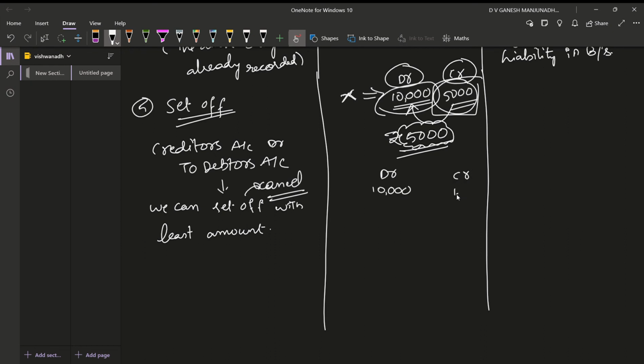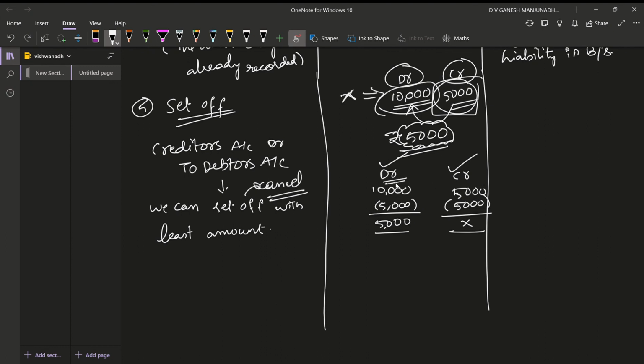That means with this notation, if X is a debtor for 10,000 rupees and a creditor for 5,000 rupees, this 5,000 balance is reduced from creditors, which would show a nil balance as a creditor. And if we reduce this 5,000 from debtors also, that would show the remaining balance there. That means we have to decrease both debtors as well as creditors.